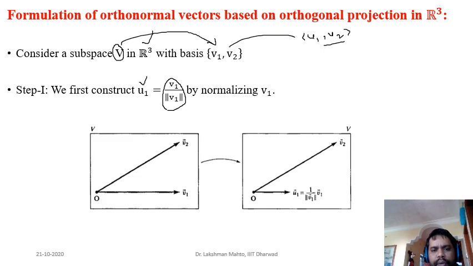So here we had v1 and v2. You can observe that definitely these two are not orthogonal. These two are any independent vectors in the plane. In the first step we did normalization in the direction of v1 by dividing by the norm of v1, so we got u1.